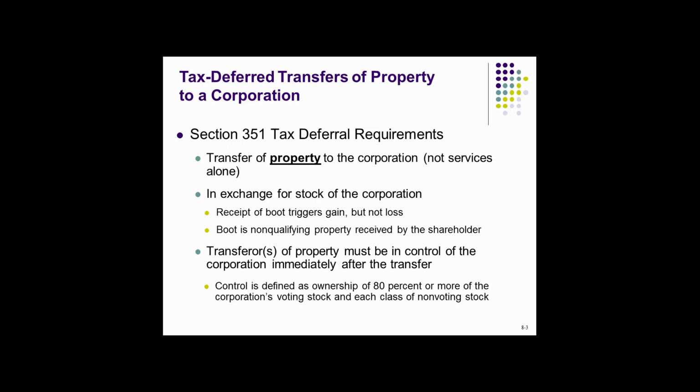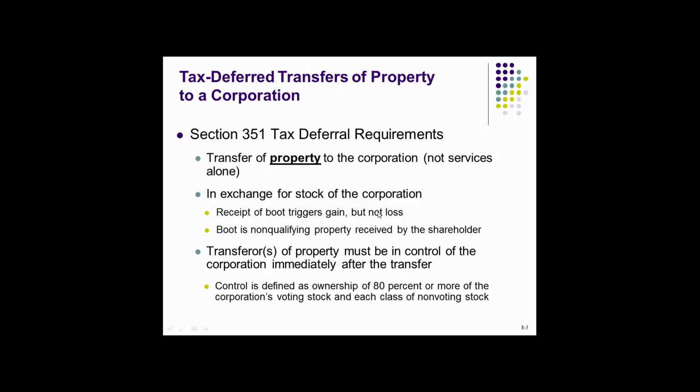When we're talking about tax-deferred transfers of property to a corporation, we're referencing IRC Code 351, Tax Deferral Requirements. In order for it to be a tax-deferred transfer of property, you must transfer the property to the corporation, not just services alone. You must also transfer it in exchange for stock in the corporation.